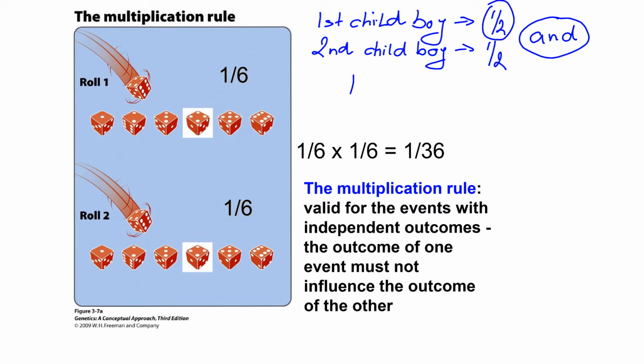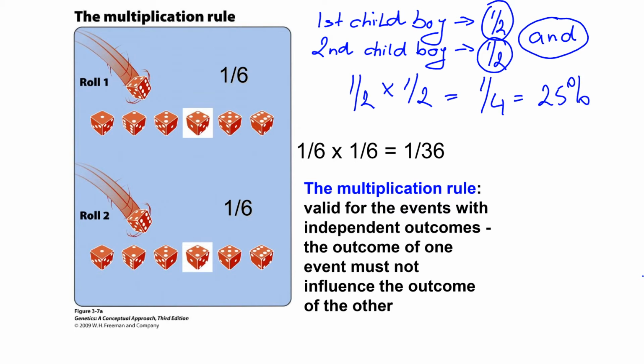So if you apply multiplication, you multiply the probabilities. What is the outcome? It is 1/4. So the probability to have both children boys is 25%.